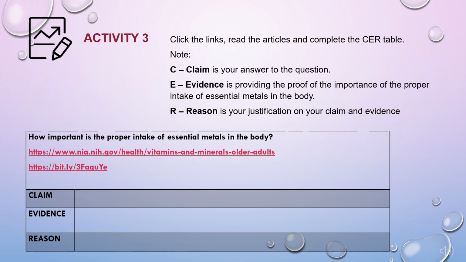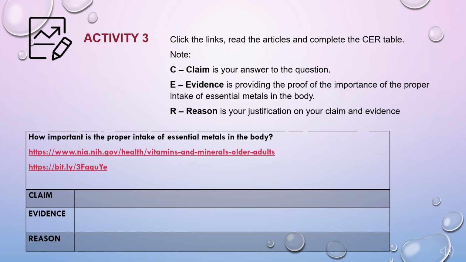You can also include some advantages and disadvantages. Okay? Disadvantages of taking too much essential metals, or taking too low amount of these essential metals in the body. Okay? Lagay nyo dyan yung mga consequences, I should say, the consequences of taking too much and taking too low of these essential metals in the body.